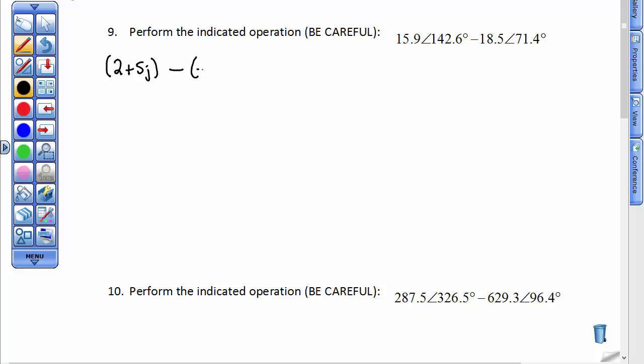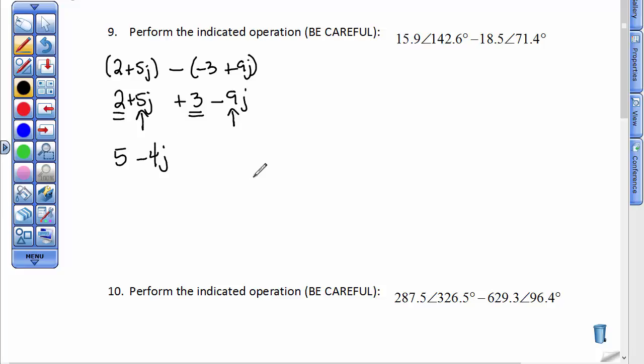If I was taking these two complex numbers and subtracting them, I would just take the 2 plus the 5j. And if I wanted to subtract a negative 3, I would add 3. And subtract 9j, I put a minus 9j. The real parts add to be 2 plus 3 is 5. And then 5j minus 9j is a minus 4j. And that's it. I'd be done.